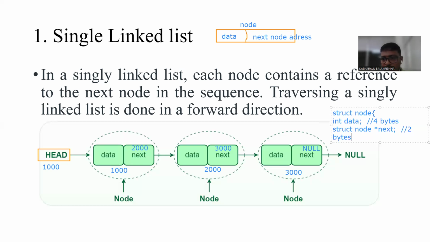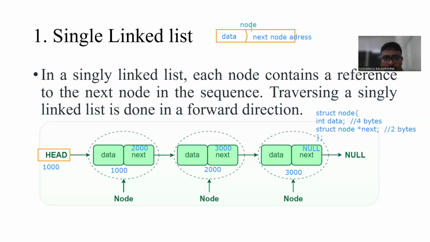Every pointer occupies 2 bytes of memory here. Next, the structure will be closed. So till now, I have created one structure for the node. The node contains a data part as well as the next node address. So this part is done.